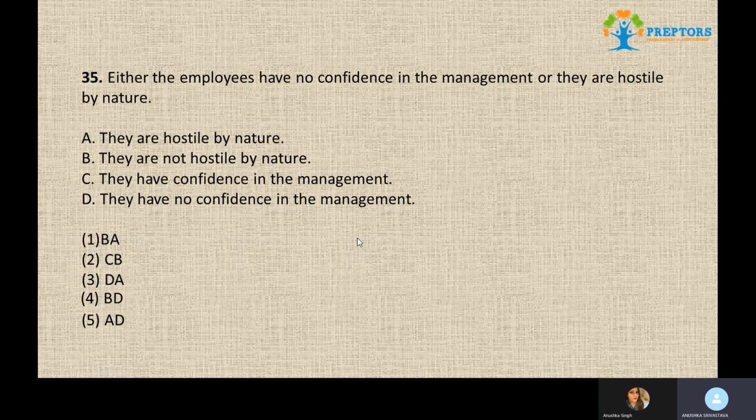So either they have confidence and they are hostile, or they have no confidence and they are not hostile. Confidence and hostile would be AC or CA. I don't have AC or CA, but I definitely have BD. So my answer becomes BD, which means when X, then not Y. So when X, which is no confidence, then not Y, which is not hostile.